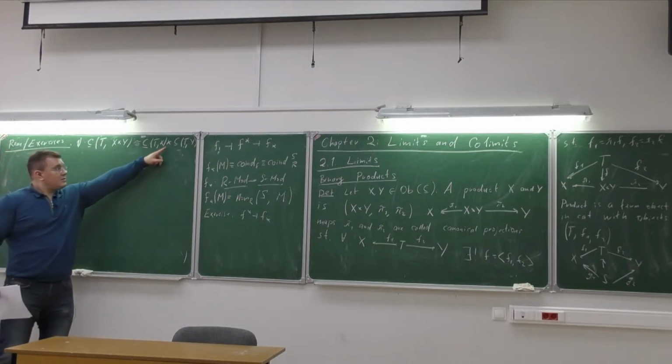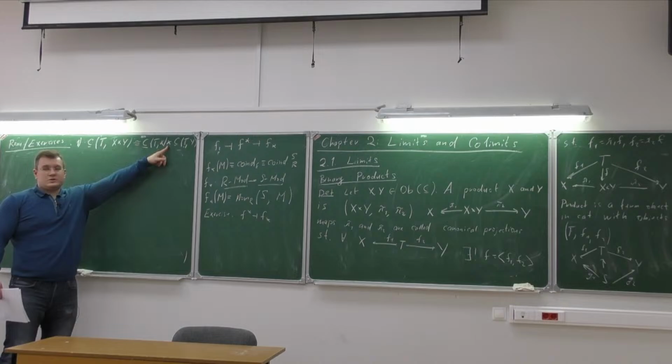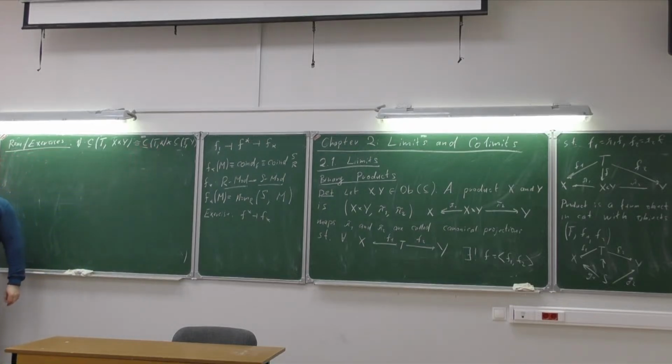And notice that here, this is a standard Cartesian product of sets. So on the left and on the right of the product, we have just two sets, and we know how to take a Cartesian product of two sets.